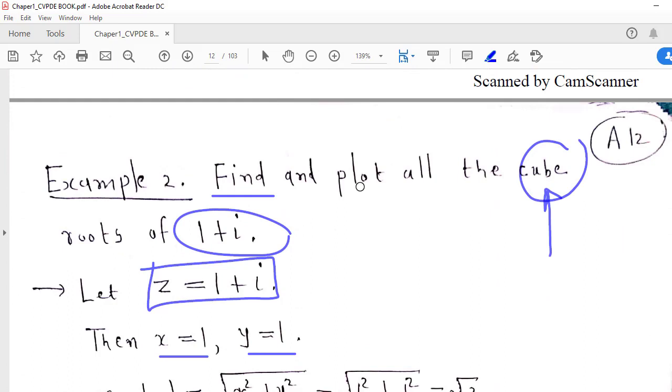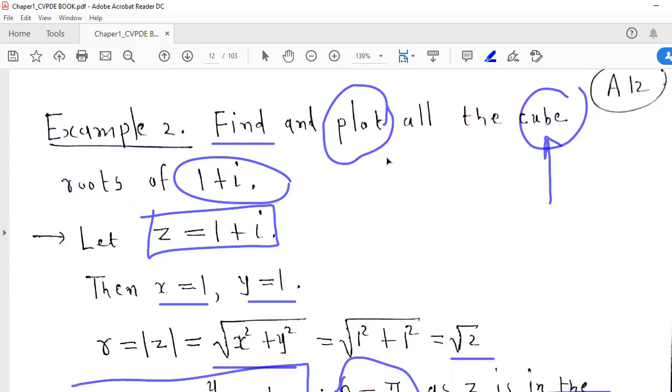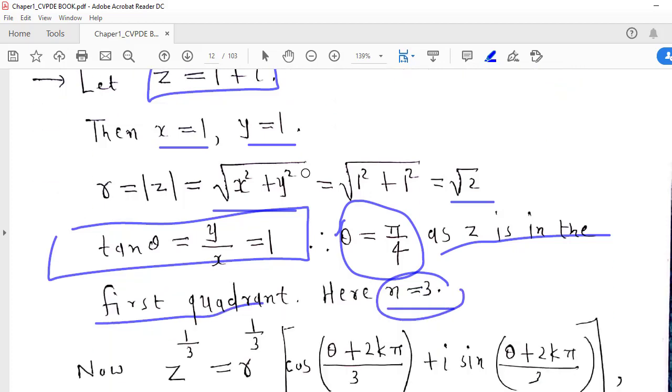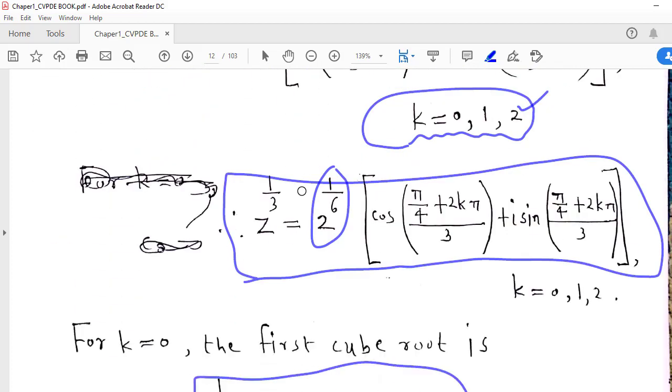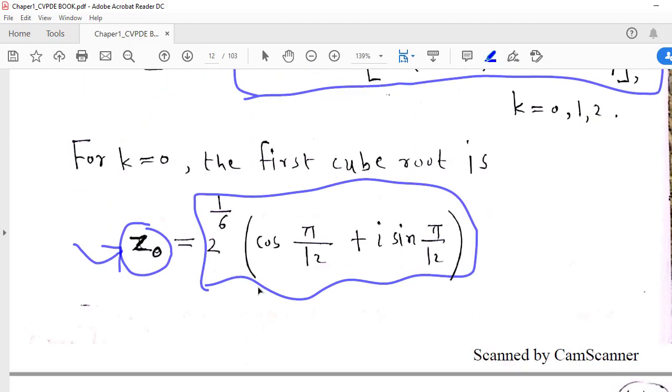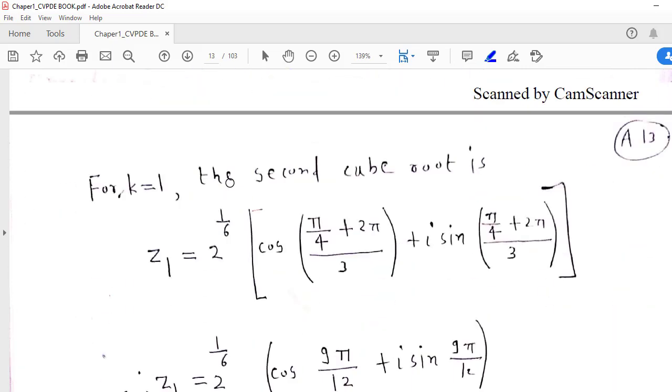In this example, you are asked to plot all the roots of 1 plus i in the xy plane. You can observe one thing: the modulus of each complex root is the same. If I consider z0 and compare it with r into cos theta plus i sin theta, the modulus of z0 is 2 raised to 1 by 6.